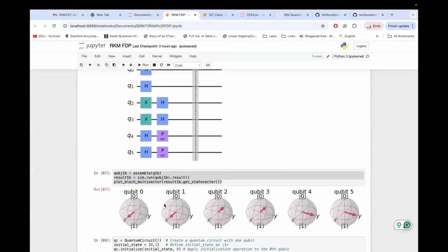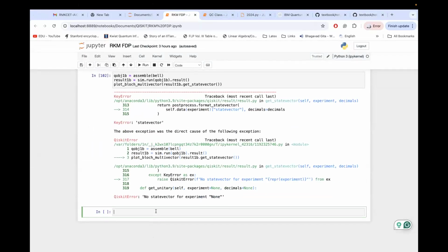For example, you create a quantum circuit, let's say QB equal to QuantumCircuit(1).